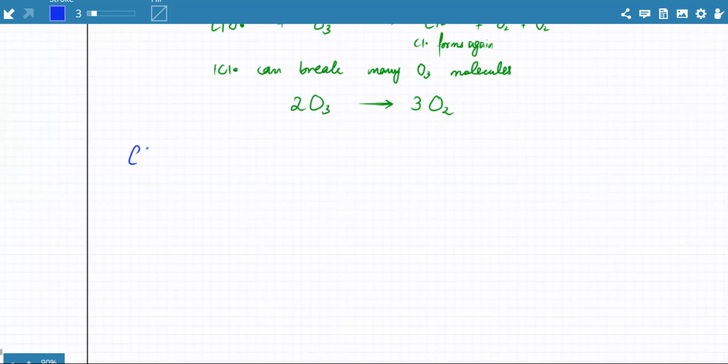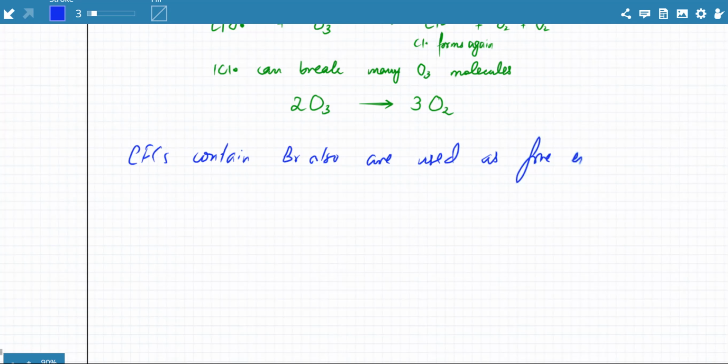Remember that CFCs that contain bromine also are used as fire extinguishers.